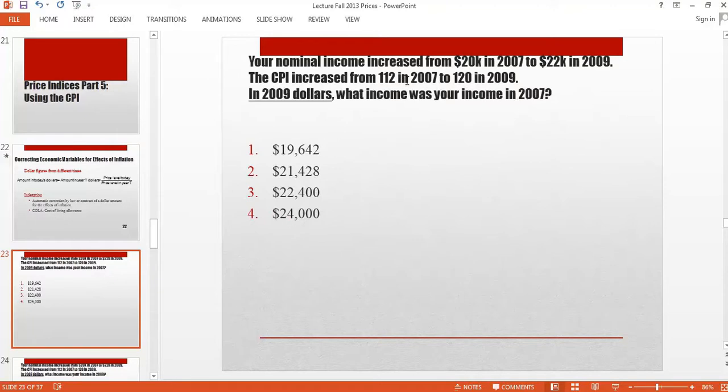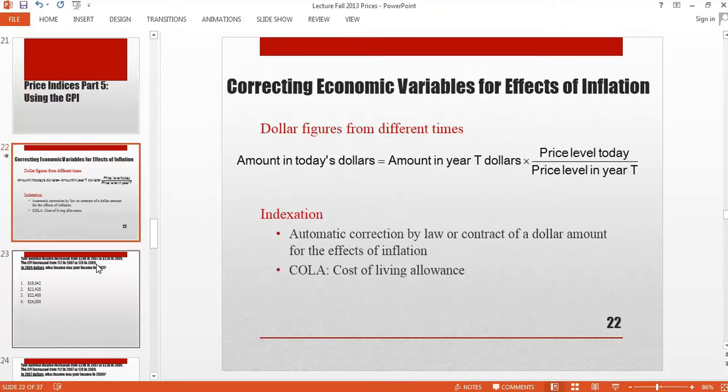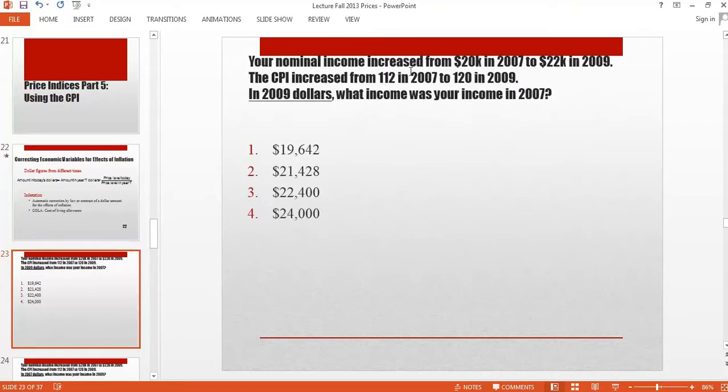So now fairly clearly, this $20,000 was worth more than $20,000 because the prices were lower in 2007 than they were in 2009. So how do we actually do this? We use this formula. In this problem, today is 2009, time t is 2007.